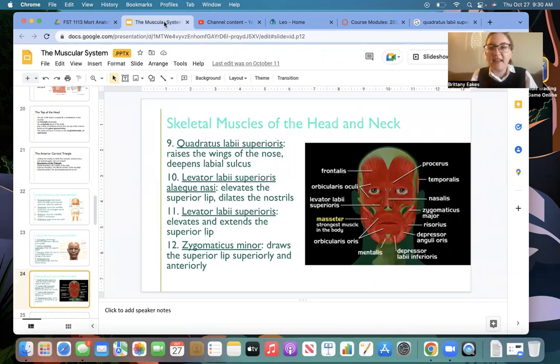Next, we have the levator. So, it's going to raise labii superioris, so raise the upper lip, and then alaeque nasi. So it's going to, referring to the nose, it's going to elevate the superior lip, the upper lip, and dilate the nostrils. Levator labii superioris.